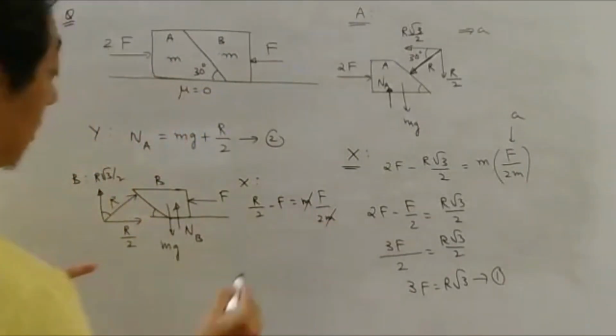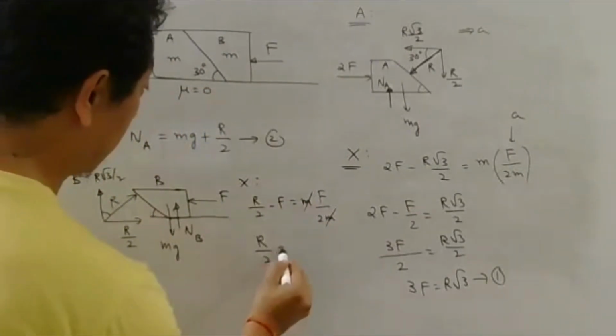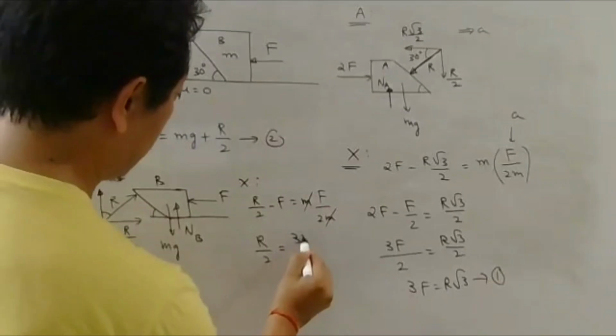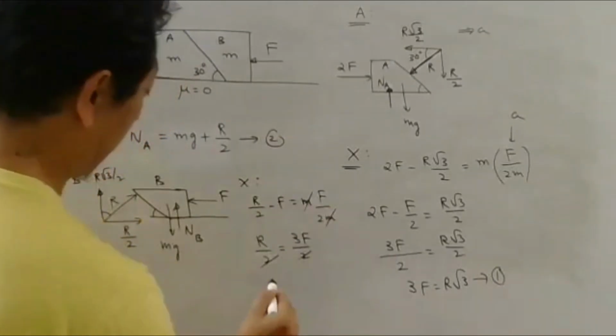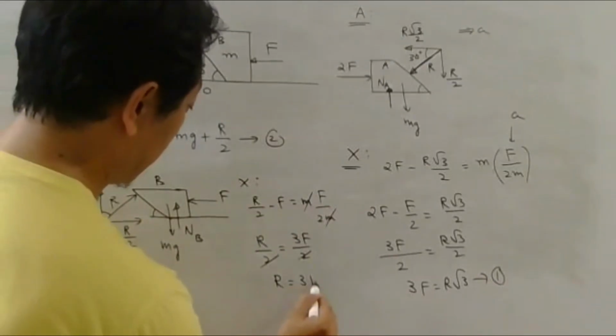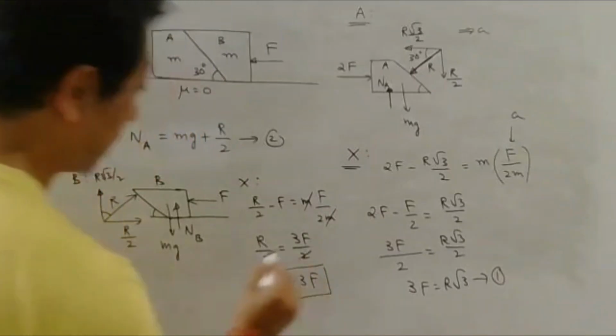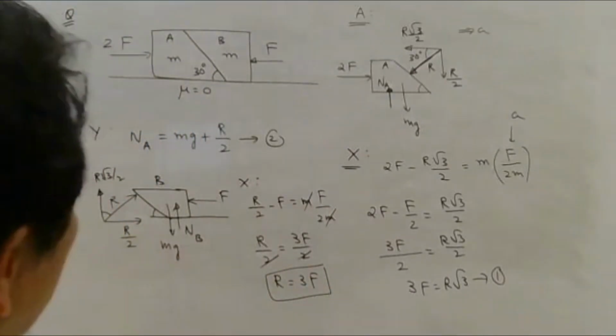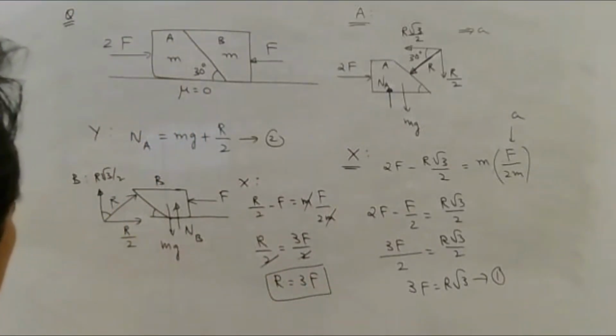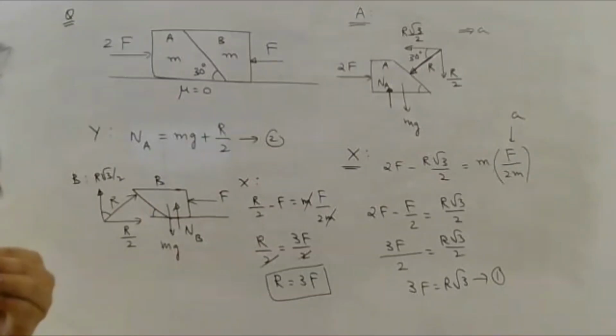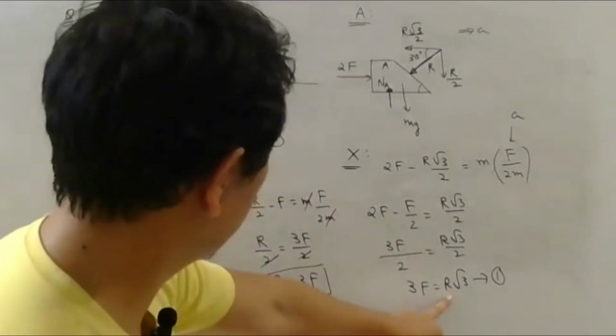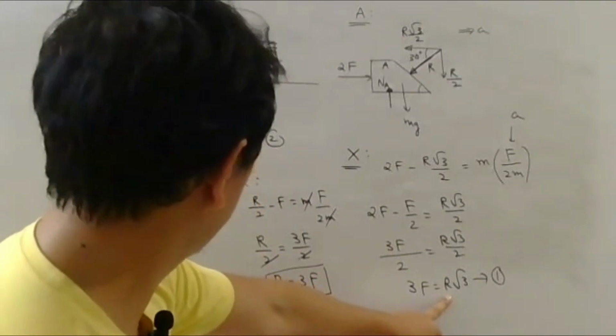M gets cancelled. So R by 2 equals, this F will go there, 3F by 2. 2 cancels. So R is equal to 3F. How come it is coming differently in the two? Here R is coming root 3 F.